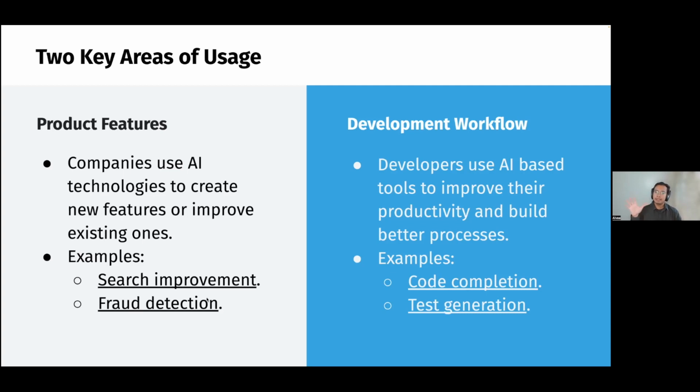The second area where they use it is for development workflow. So whenever they're writing code, setting up tools, building infrastructure, and so on, they use code completion tools such as GitHub Copilot to assist them with the coding, right? Now, it's generally the boilerplate code that is usually the easiest to work with, right?